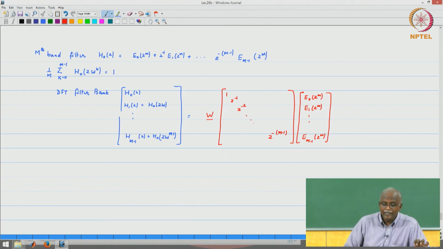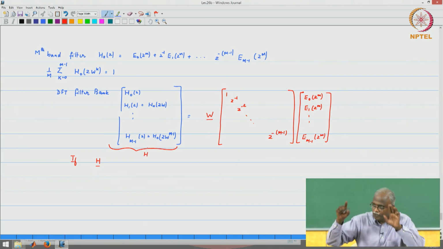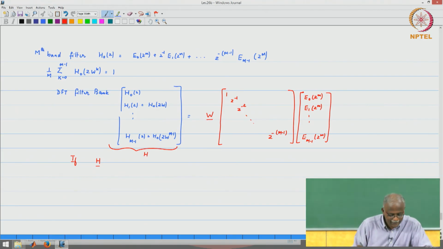Now here is a very important result. If this is the vector h, it has m filters, from 0 to m minus 1. This vector should be power complementary.